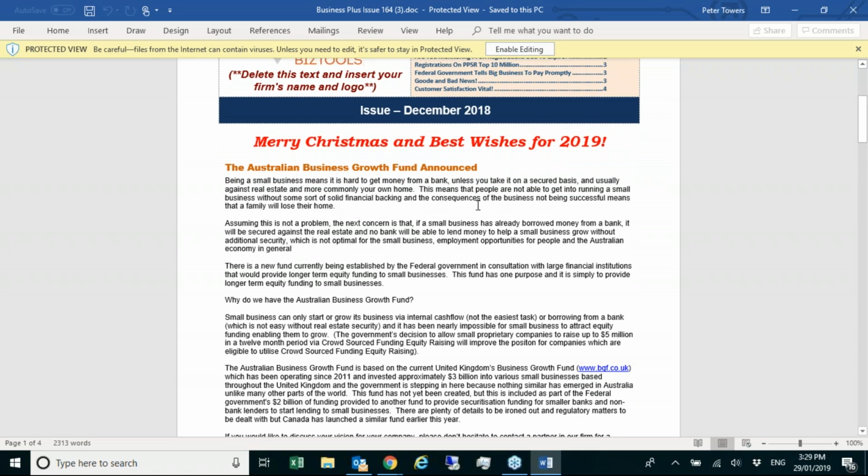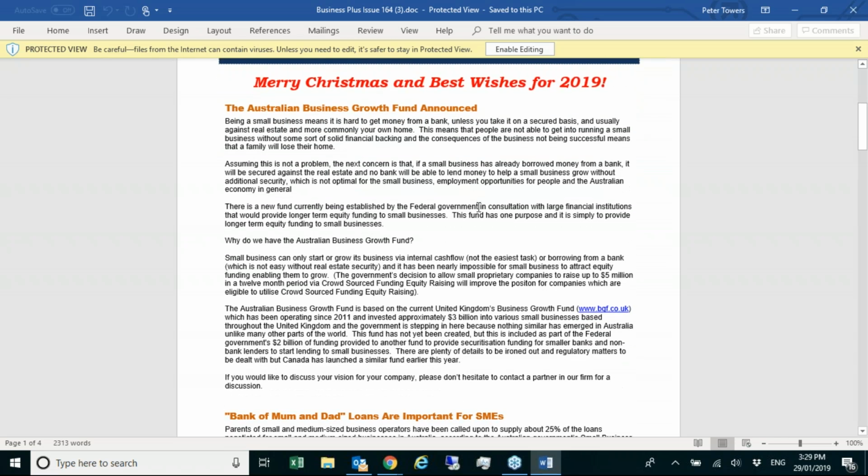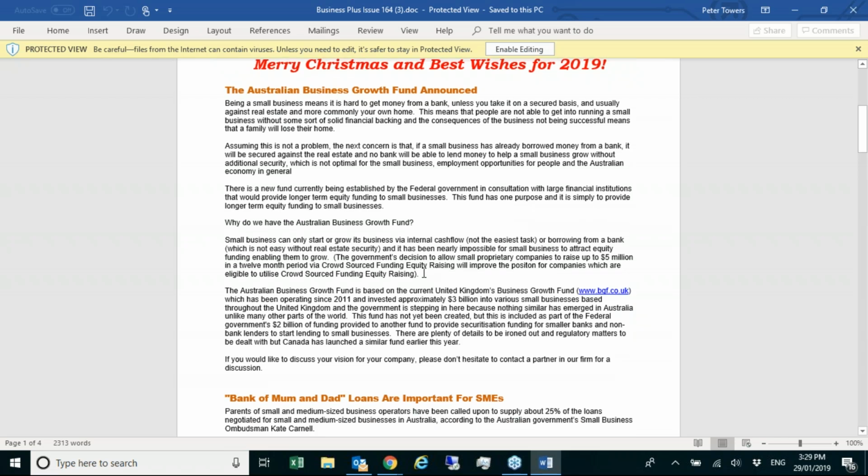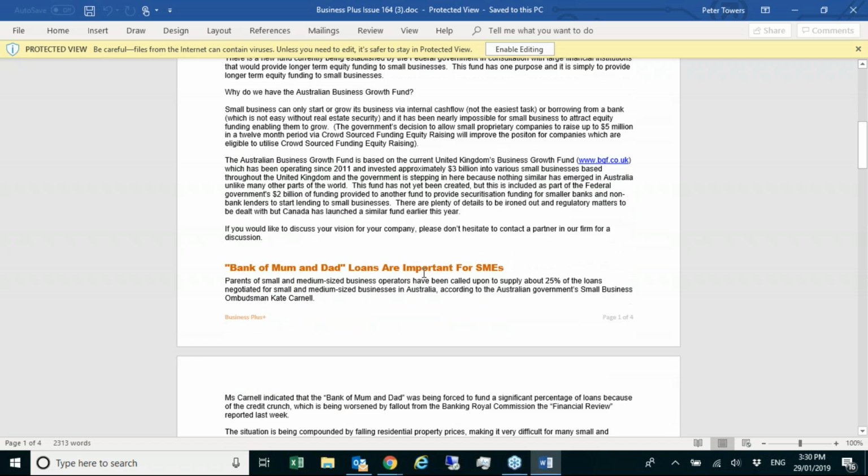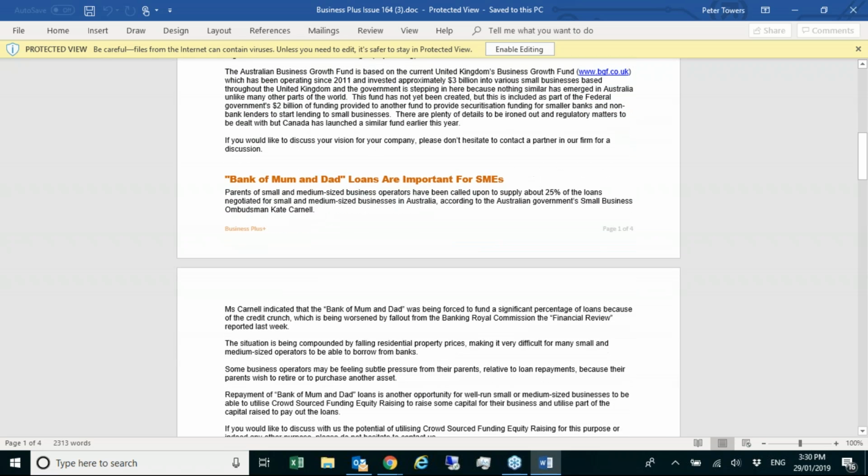So we had a commentary about the Australian Business Growth Fund. Now you'll notice this newsletter is not full of taxation articles. We try to never have more than one, sometimes two articles on tax. In fact, this article here was submitted by our tax writer for that month. A separate person writes the tax articles for us.